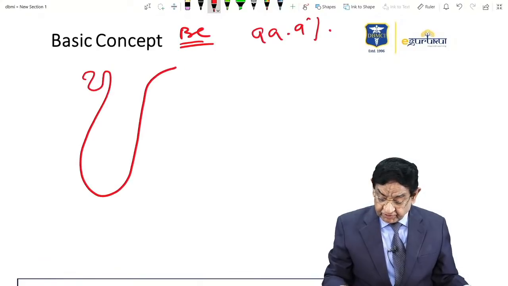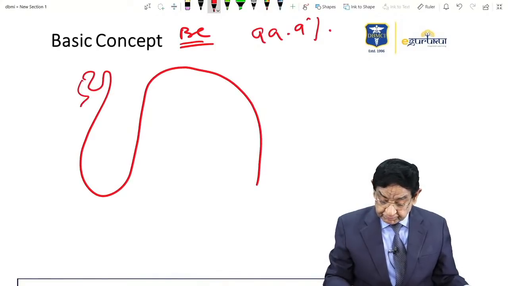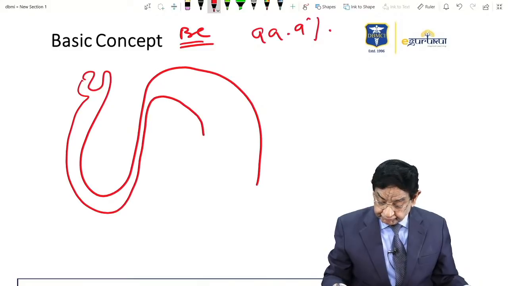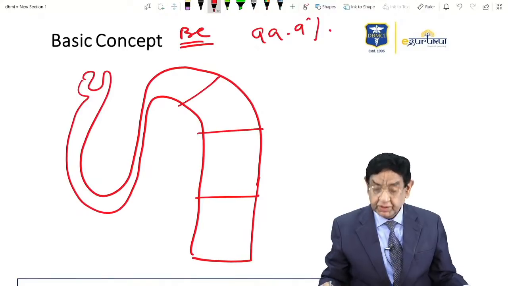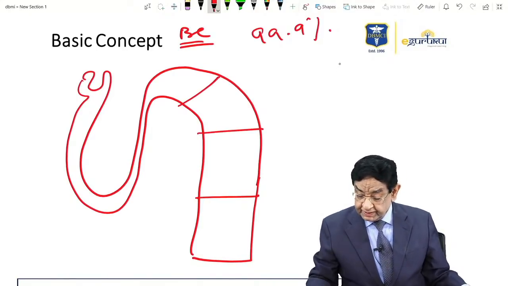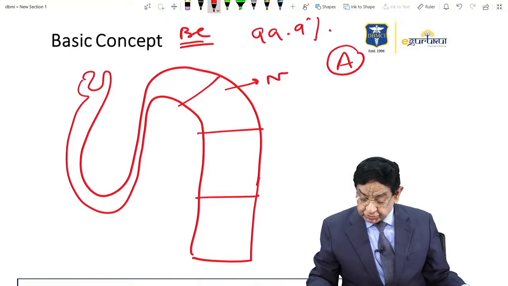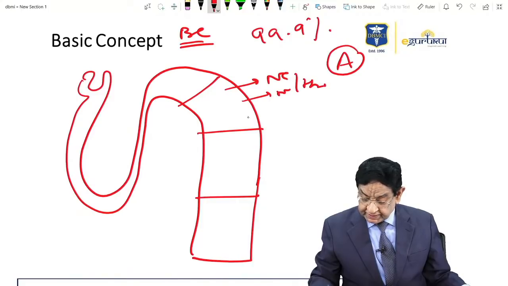This is the nephron. Normally, aldosterone comes, leads to sodium absorption, water absorption, H ion goes out, potassium goes out.